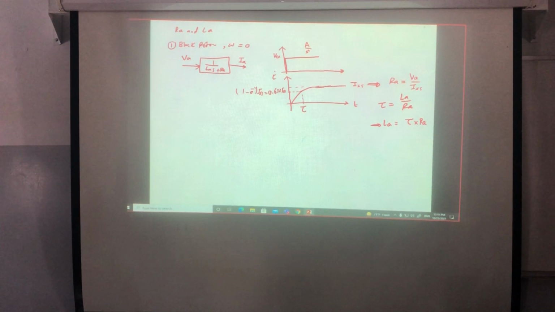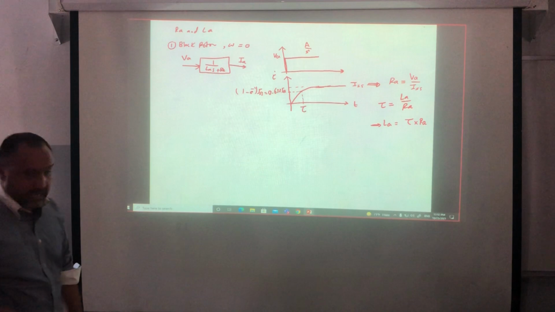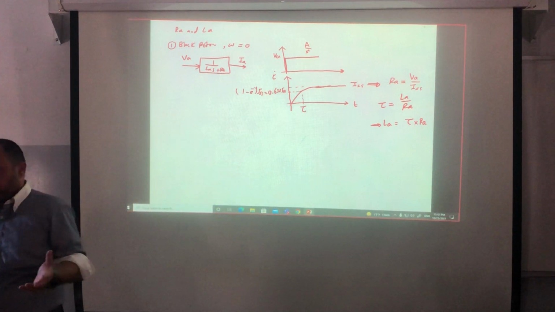Then V over I is equal to R. Now, I can also calculate the inductance using an AC signal. I will inject a small AC signal, of course all the time under block rotor. Then I will calculate the current. V over I is Z, and Z is the square root of R squared plus omega squared L squared. So I can resolve it and find LA. But the first one is most straightforward and nice.